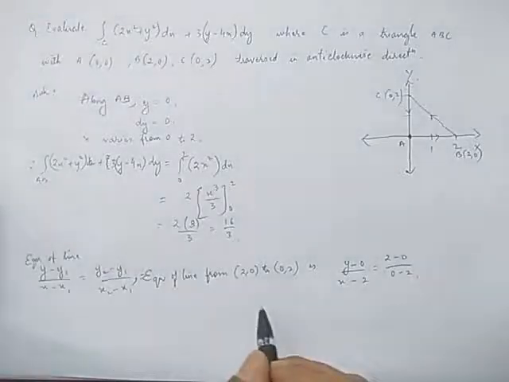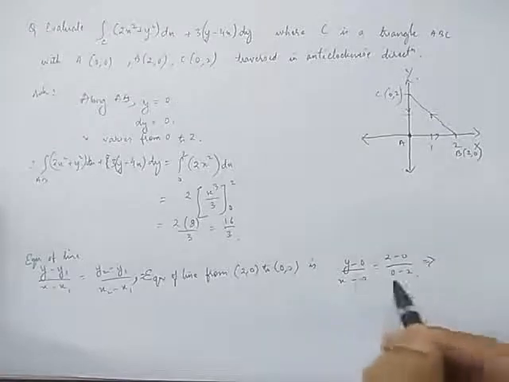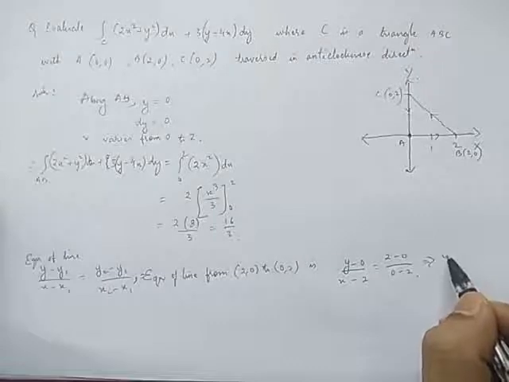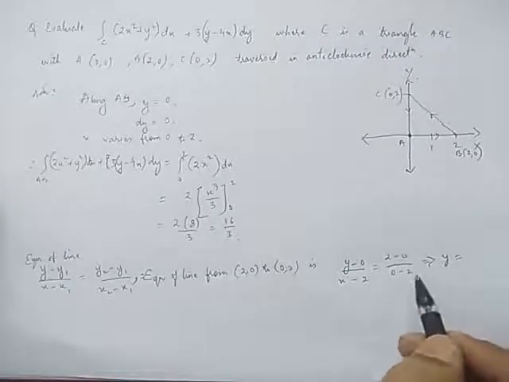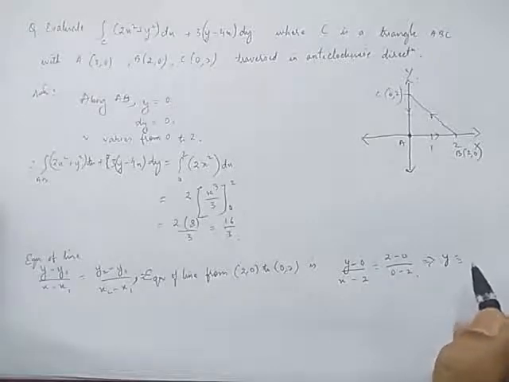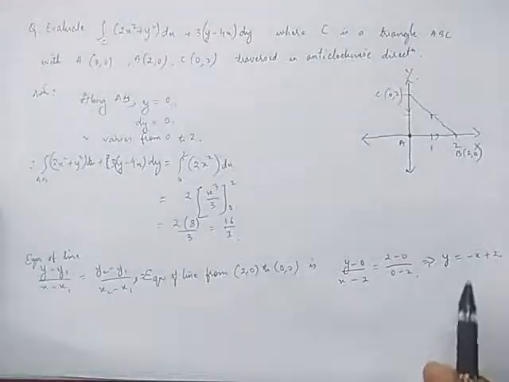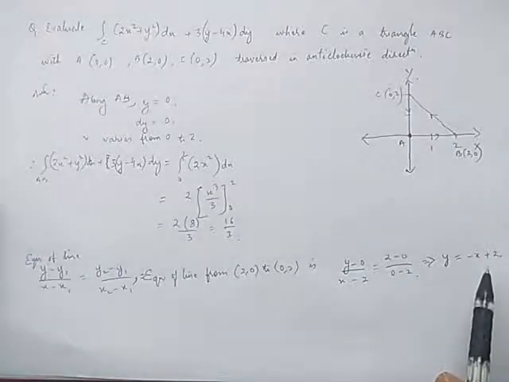So what does this give? If we cross multiply and all, then we will get y is equal to, here I can get minus 1, so y equal to minus x plus 2. Okay, my equation of the line is y equal to minus x plus 2.